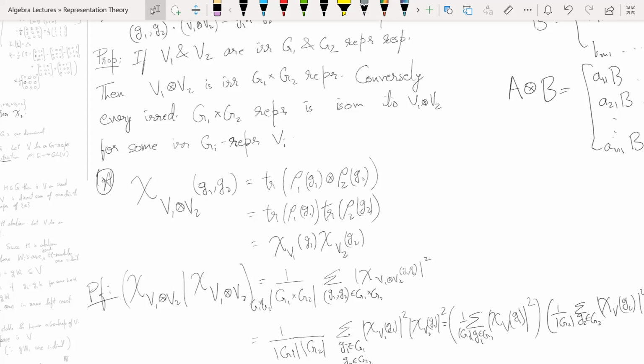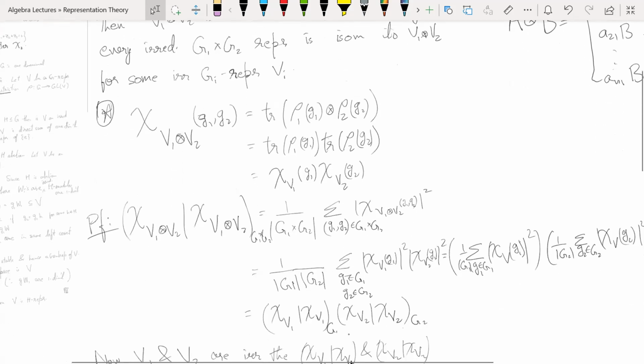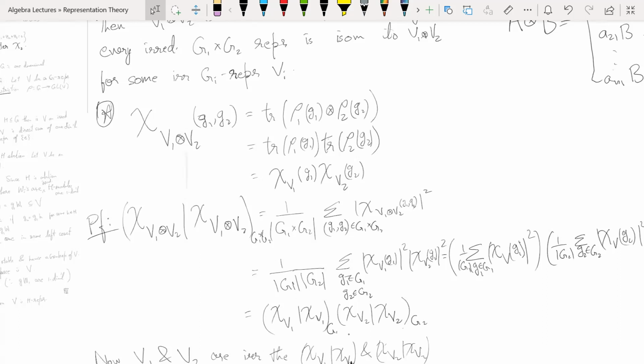If the sum of squares of their degrees adds up to the order of G1 cross G2, then that's it, because the sum of squares of all irreducible representations of G1 cross G2 should add up to the order of G1 cross G2. That means there are no other irreducible representations. So we'll try the second approach.